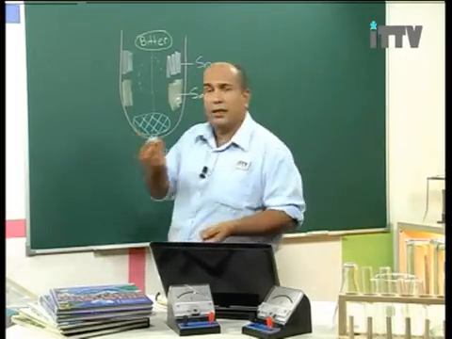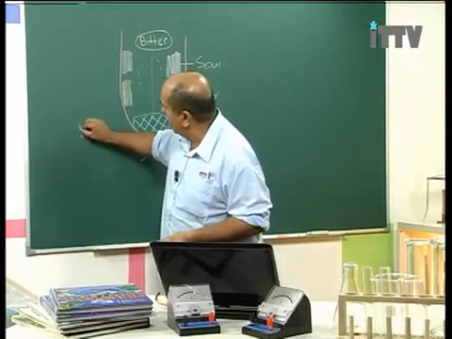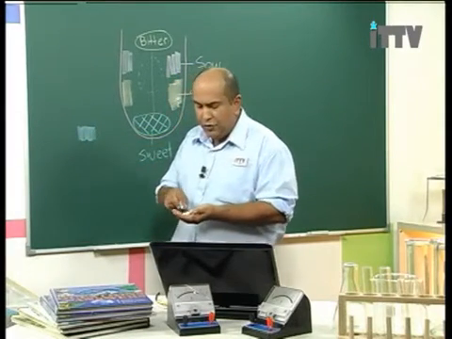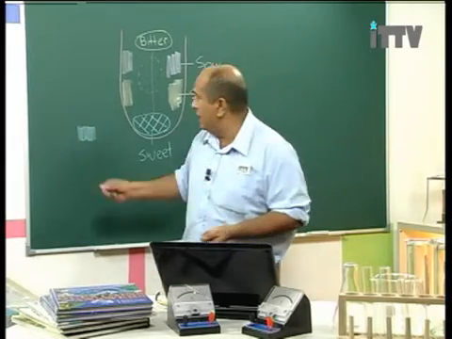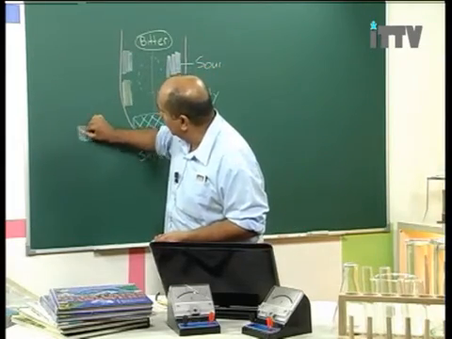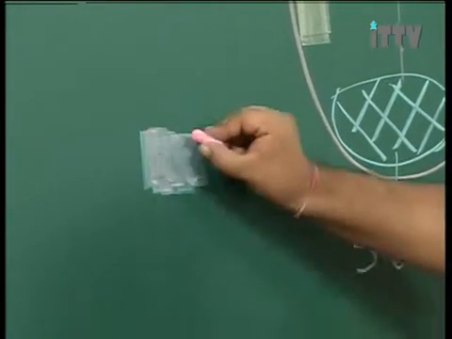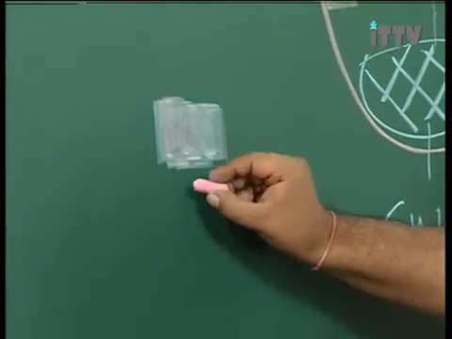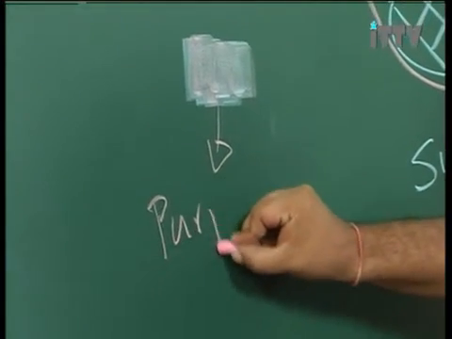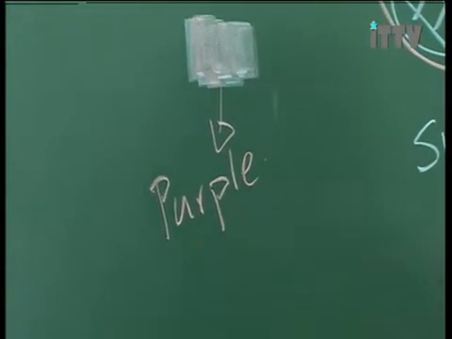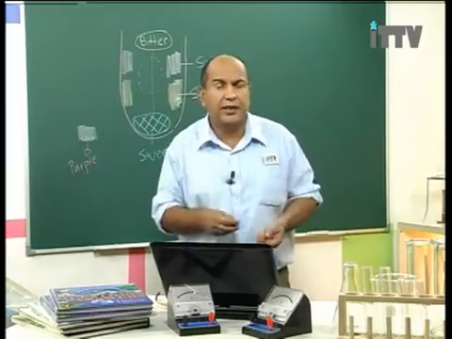If you take the color blue and you add some red, when you add blue and red together, you get purple, or sometimes we say magenta.